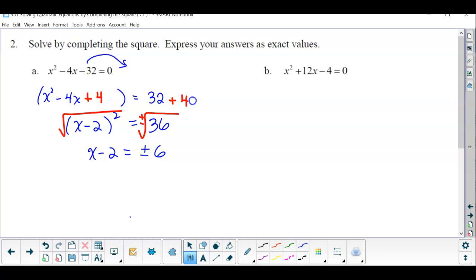Okay. And then add 2. And collect like terms. Those are actually integers, right? So x is negative 4 and 8.